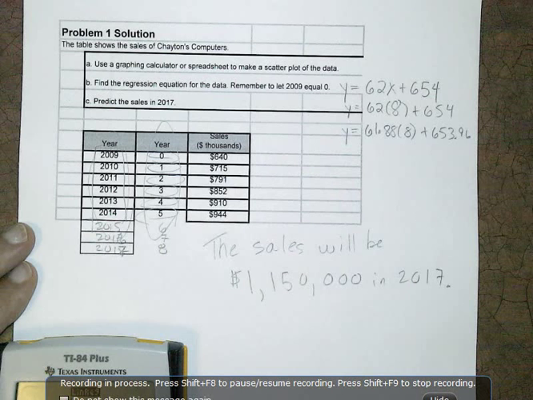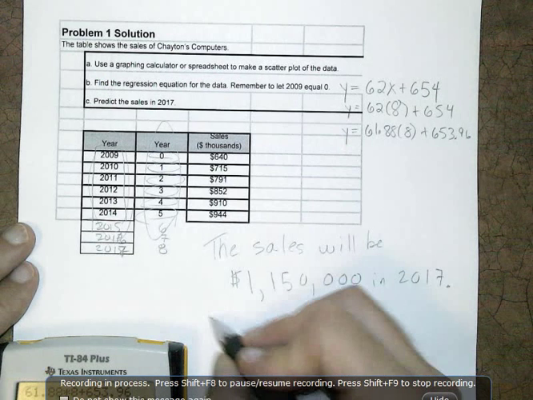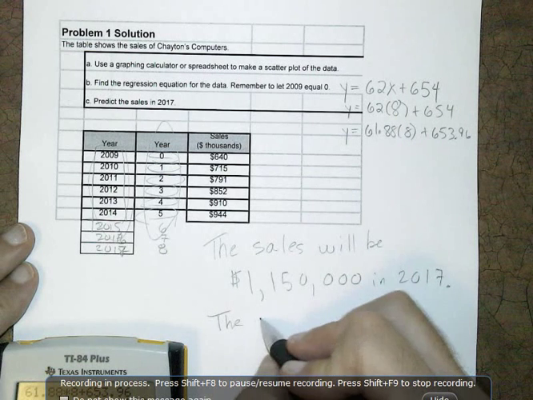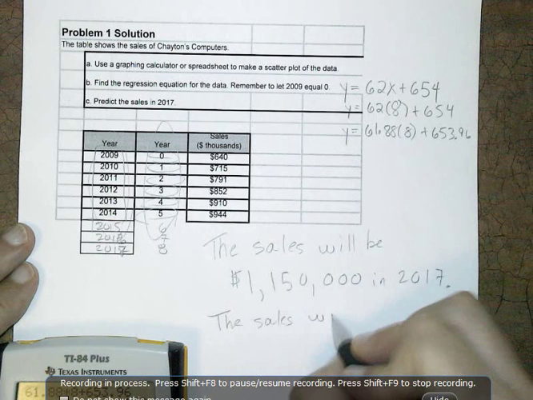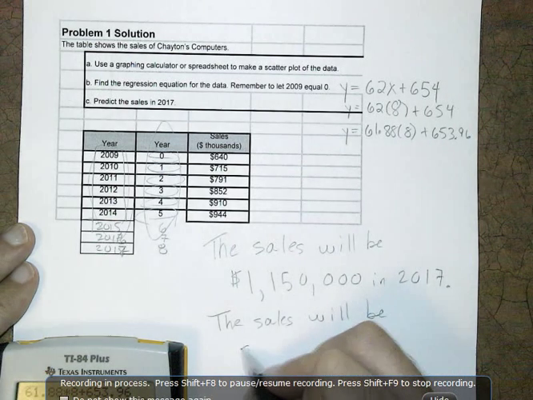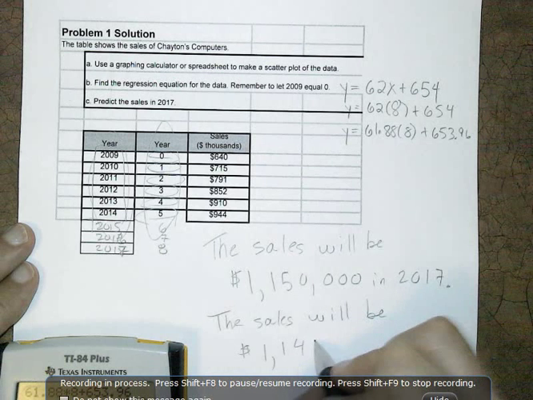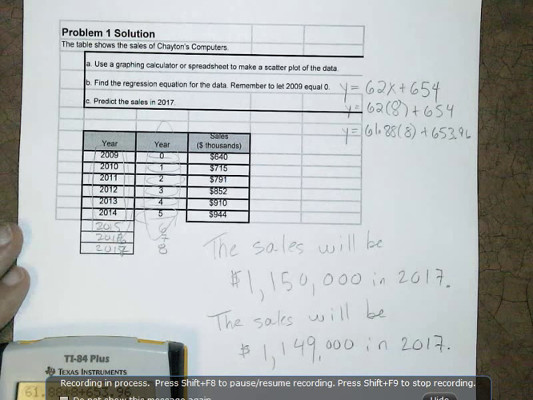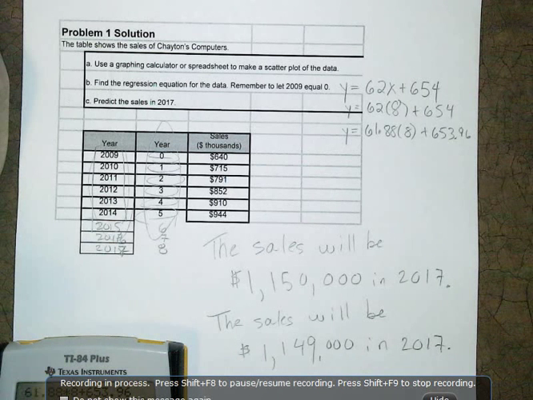So more like 1149, so give or take $1,000 isn't a big deal. Sales will be $1,149,000 in 2017. You know, $1,000 might be a lot of money to you or me, but to a company, $1,000 when they're doing sales of $1 million, $1.1, $1.2 million isn't that big a deal.